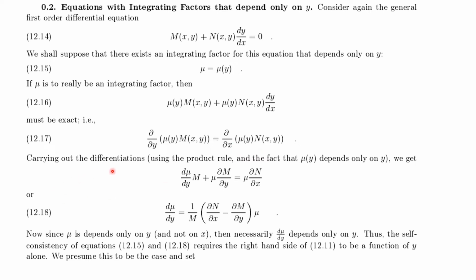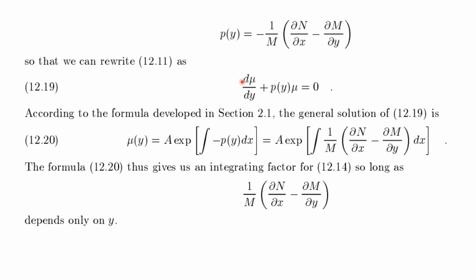So when we carry out the differentiations, using again the product rule and the fact that mu of y depends only on y, we get that we need to solve this first order linear differential equation. And again, since mu depends only on y and not on x, this depends only on y, and so we can set p of y equal to this expression, and rewrite our differential equation as a linear first order differential equation, d mu dy plus p of y mu equals 0.